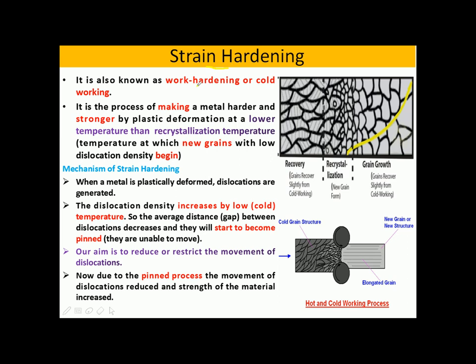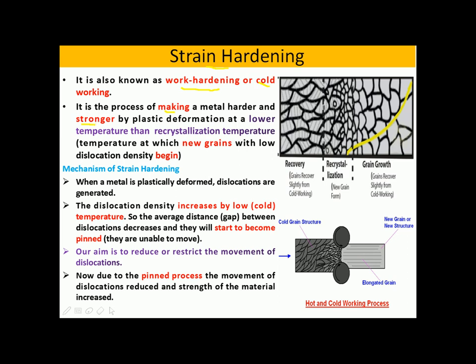It is also called as work hardening or cold working, because it is done at low temperature. So it is called cold working. It is the process of making a metal very strong.